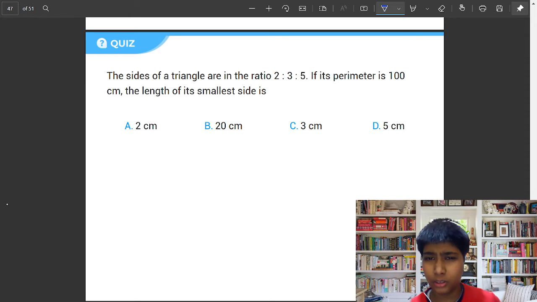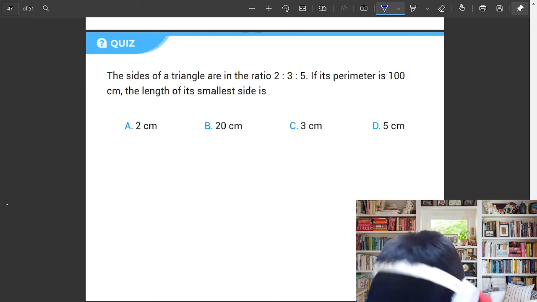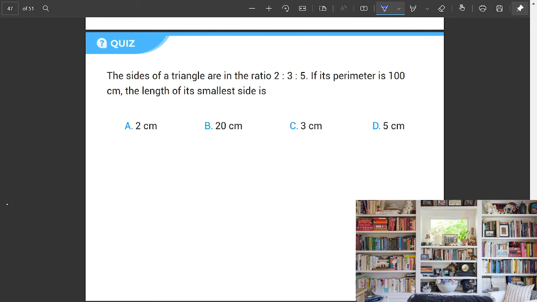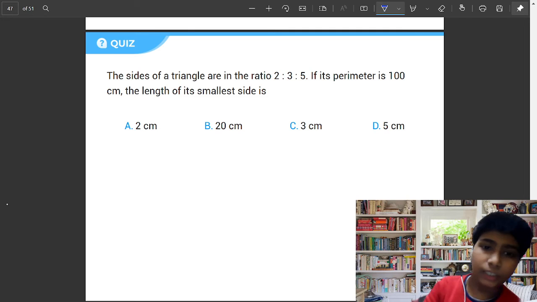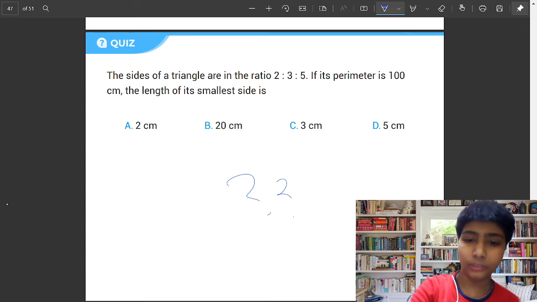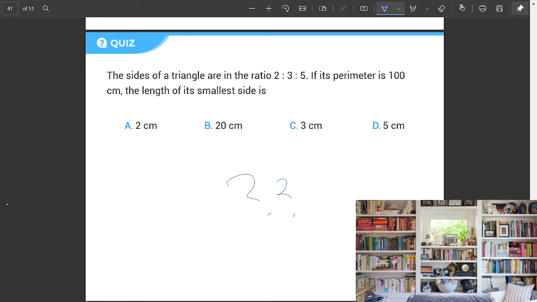You guys can give this answer on your own.